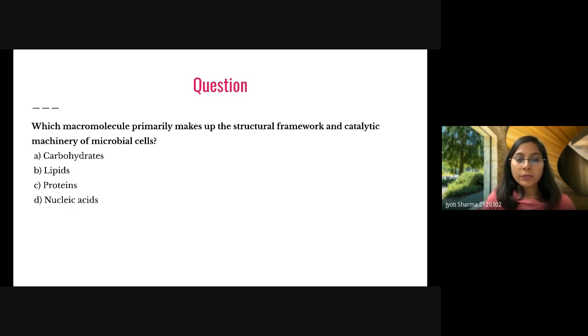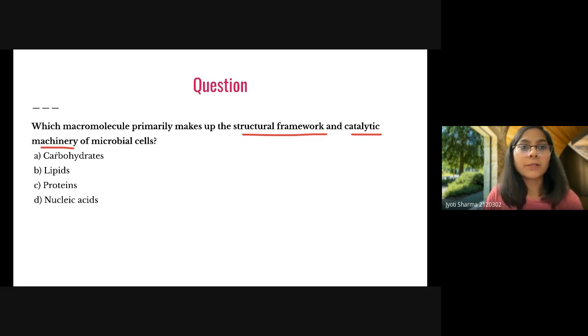From the catalytic machinery, it is very clear what kind of macromolecule we have. This is protein. Whenever you are talking about a catalyst or enzyme, most catalysts and enzymes are made up of protein. So whenever you have an option like this, you can blindly go to the protein.